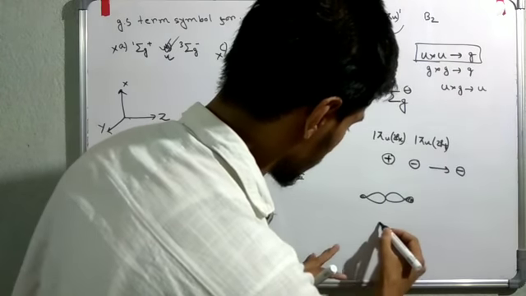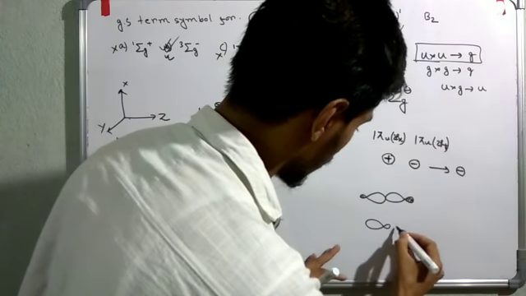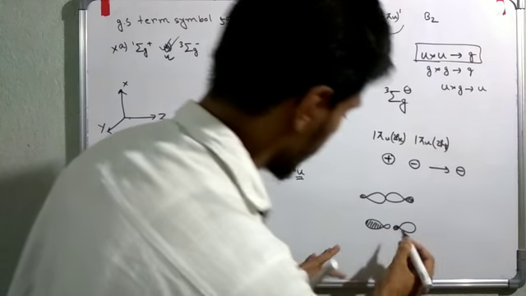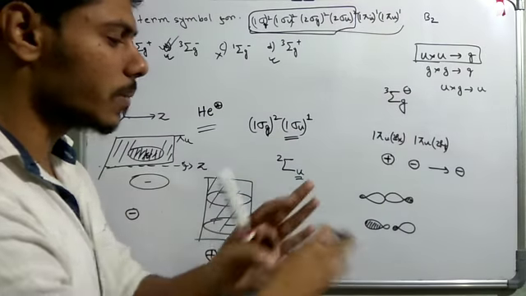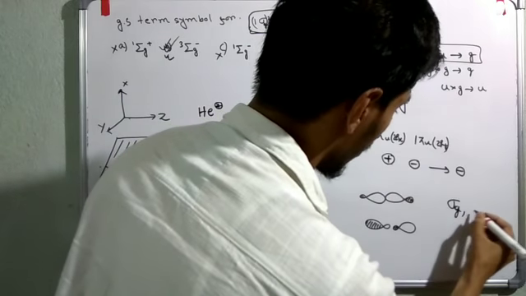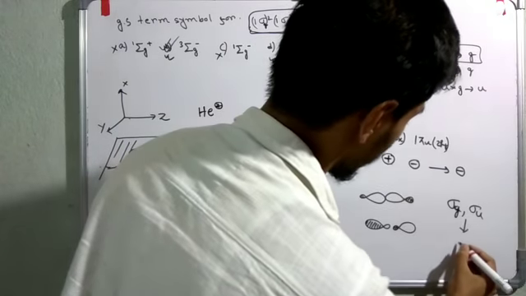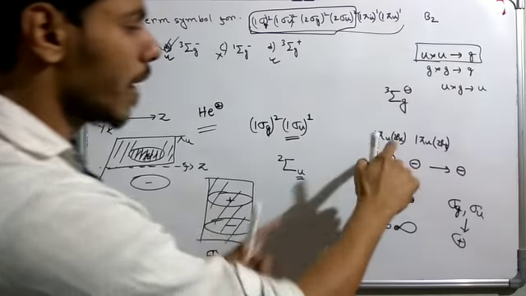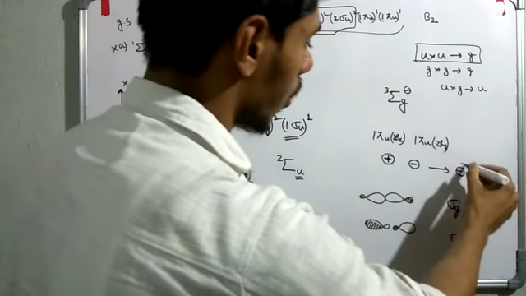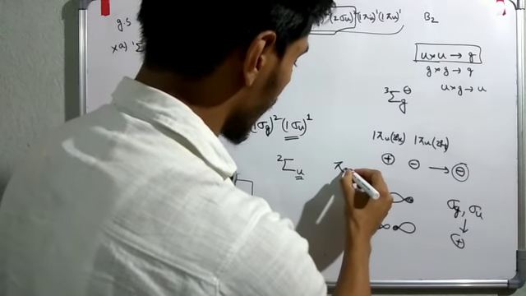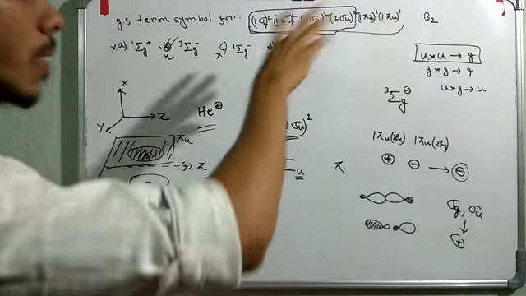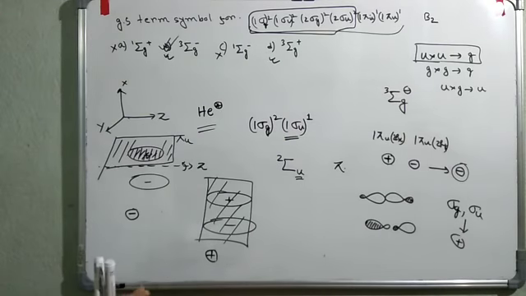Or if you take sigma star or sigma Ungerade, again it is cylindrically symmetrical, so there will be no change in sign. So for sigma g or sigma u, the sign will always be positive, but for pi orbitals, if 2 pi orbitals are there, it will always be negative, but if only one pi orbital is there, then it will be positive, right? So this is how you have to determine the term symbol for a particular molecule.